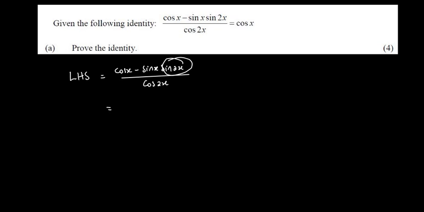There's no way, you have to turn that sine 2x into its double angle formula. So you will say, okay, we have cos x minus sine x, and then 2 sine x cos x. You have no choice, good people. You have to do that.